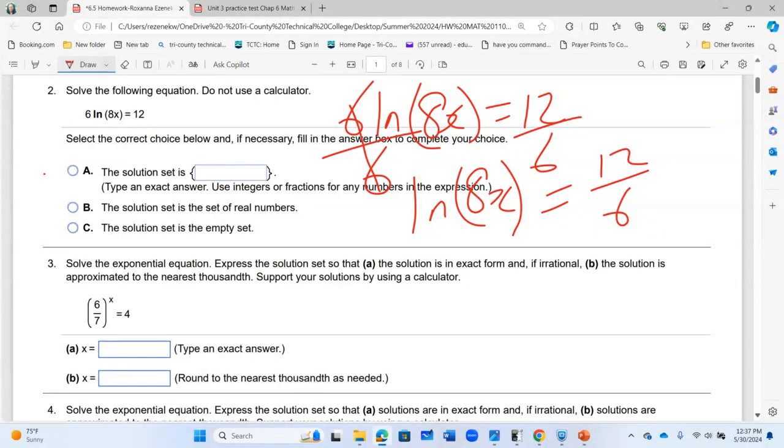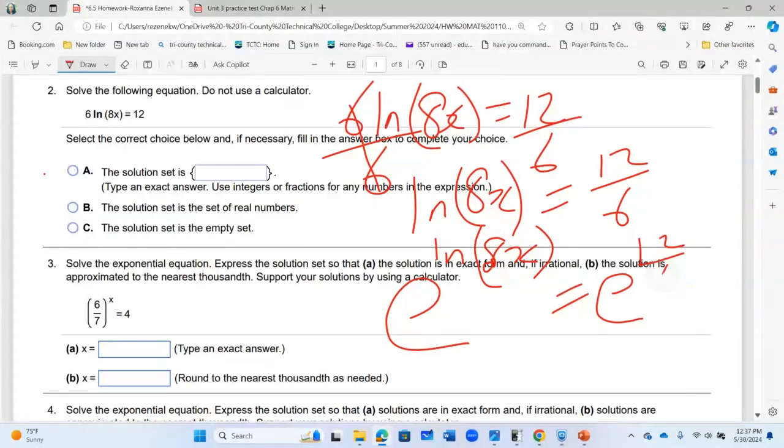There's no way to make the bases equal, so I will use the exponential function and change to base e. e raised to the power natural log of 8x gives me 8x, because if I raise a number to the power log of x, I get x. The same thing goes with natural log.